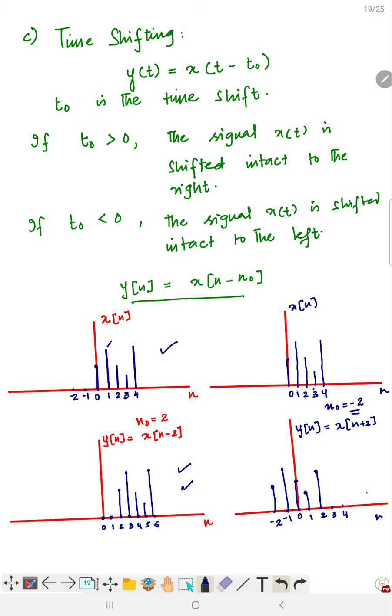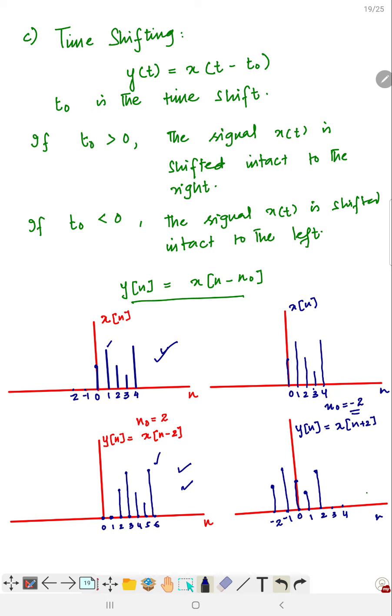Similarly, if we consider shifting, you're not losing anything. Your original signal has 5 samples. Your shifted signal also has 5 samples. But what you are doing is shifting the waveform. Again, at this point of time, you may not be able to physically interpret it in a better way, but keep at the back of your mind that physically something is happening.